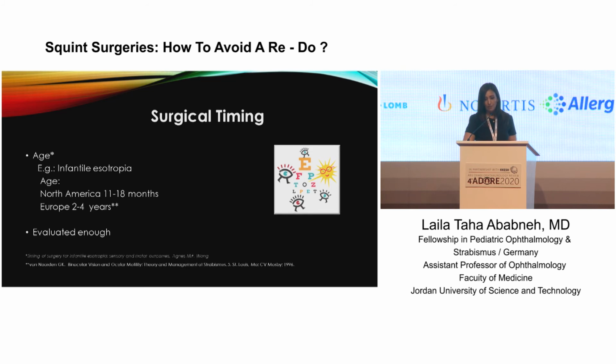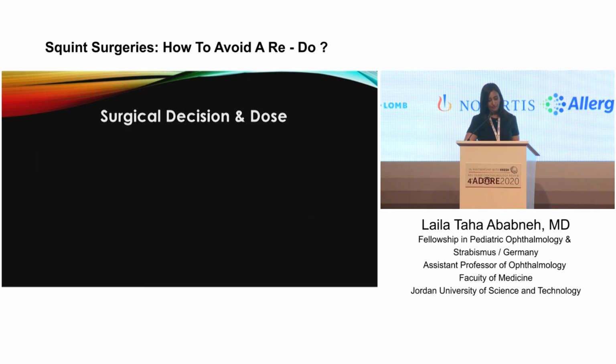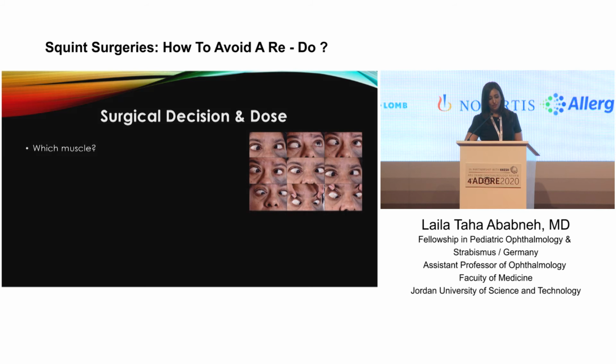Regarding surgical timing, this could vary between different schools, whether you're from the German school or the American, but what everyone agrees upon is that surgery must be done when we are sure that it's a surgical case and after the patient is sufficiently evaluated. Surgical decision and dose are usually straightforward.